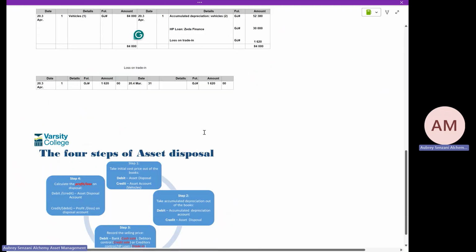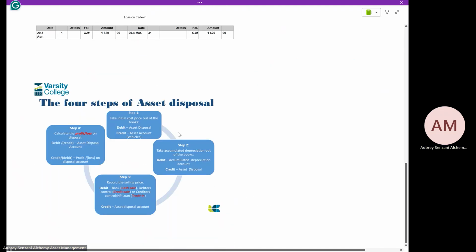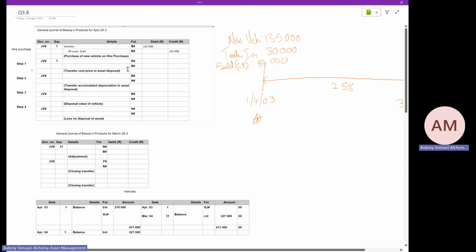Now we can begin with our cycle here. So step number 1 is to remove the cost price out of the books. Can you see that? To remove the cost price, we're basically now reversing this. We're removing the cost price of the vehicle that we've disposed of.